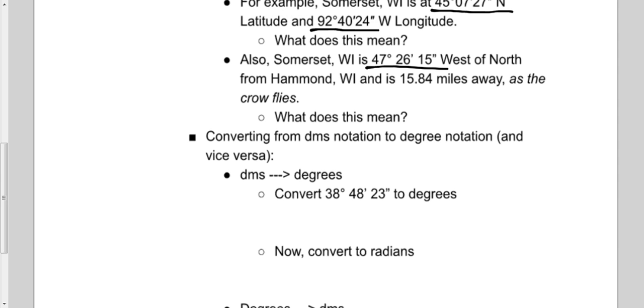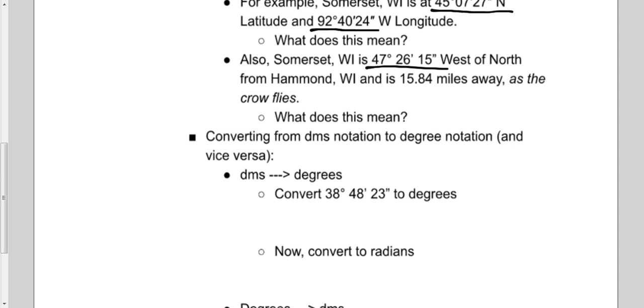Anyhow, now let me ask you this. Back to this. If I want to convert this straight to degrees, not degrees, minutes, seconds, but just degrees. 23 seconds is what fraction of a minute? 23 over 60, because there are 60 seconds in a minute. Good.